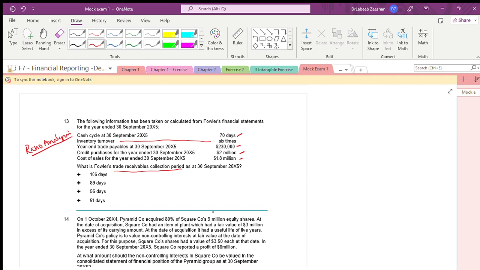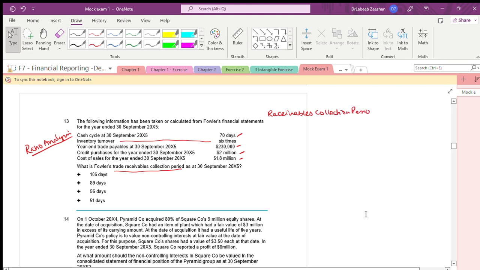Fine. Now, the receivables collection period is the cash cycle.